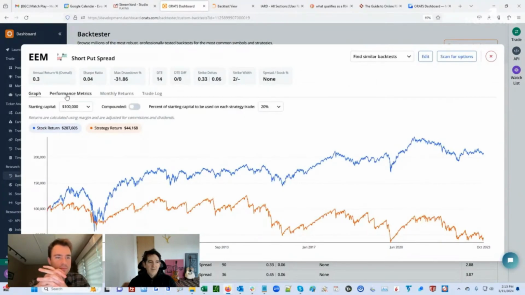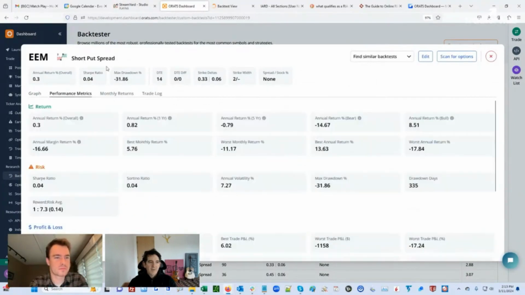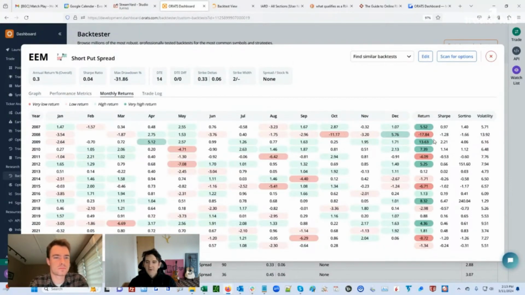Like the performance metrics, this isn't that one, the other one's still running, but just for point of reference, you can see the monthly returns and how it's done in various years. Often I like to see how a trade did in 2018, because it's tough to find a good producing trade that works well in other years and still works in 2018.